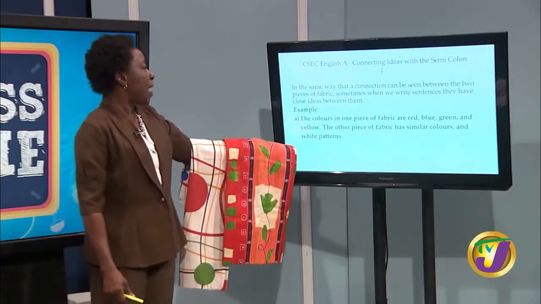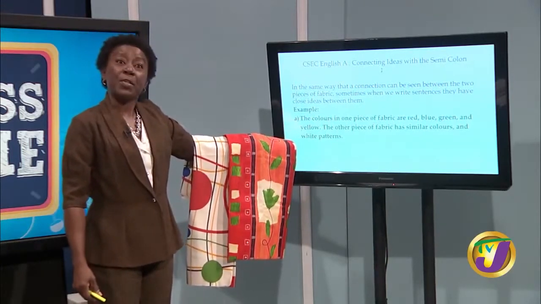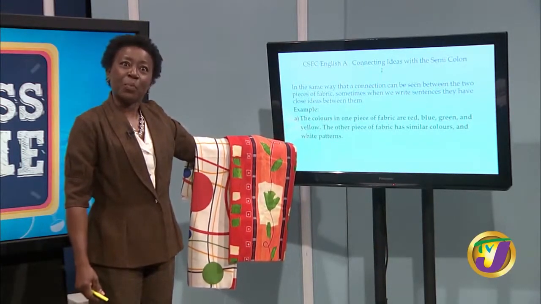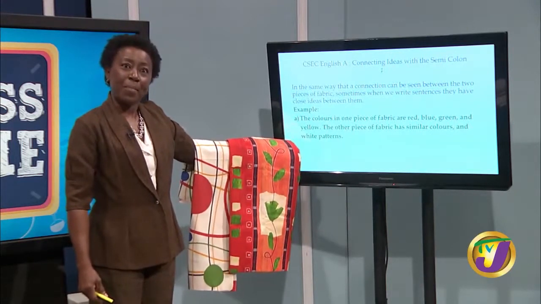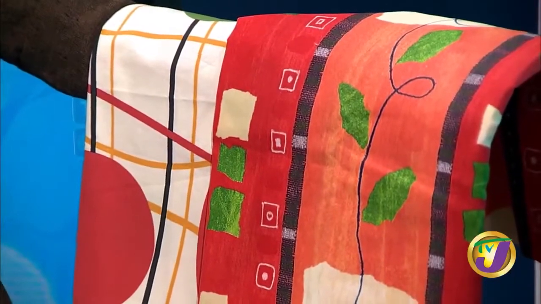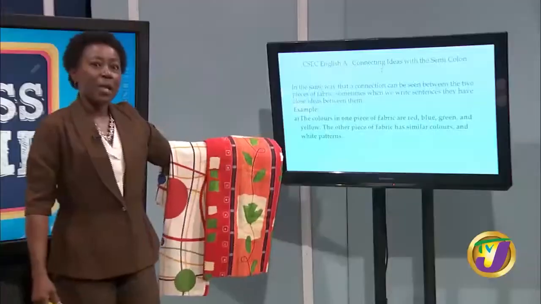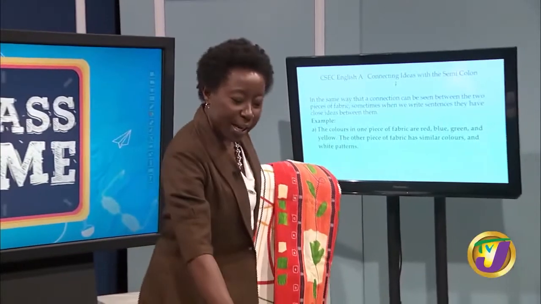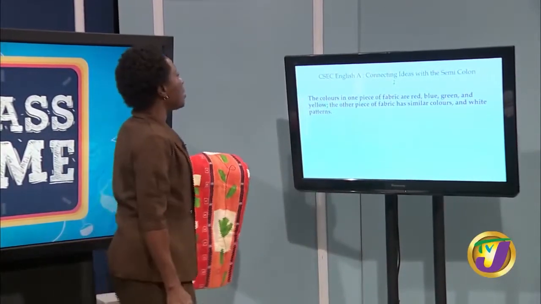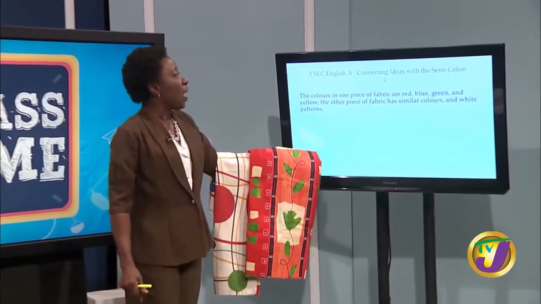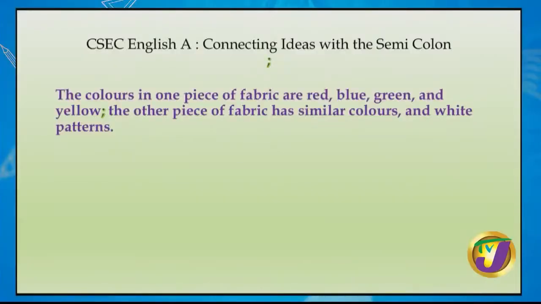Now, what we have here are two separate sentences, all right? In the same way that they are two different pieces of fabric. But I would like to show the connection. So look at how I show the connection. All right. The colors of one piece of fabric are red, blue, green, and yellow; the other piece of fabric has similar colors and white patterns.